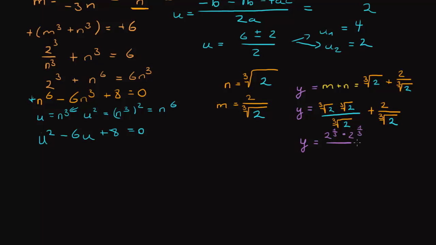So we can add those exponents up, right? So if we add these exponents up, we get y is equal to 2 to the 2/3 plus 2 over the third square root of 2.